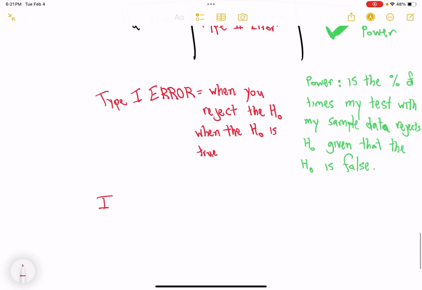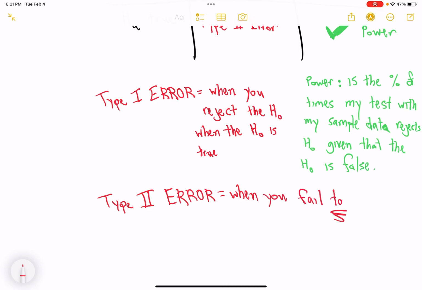A type 2 error is when you fail to reject the null when the null is false. Right? Type 1 error is when you reject the null when the null is true. Type 2 error is when you fail to reject the null.